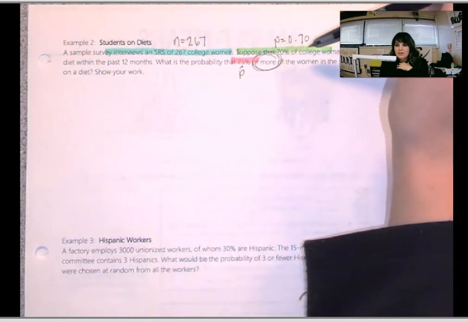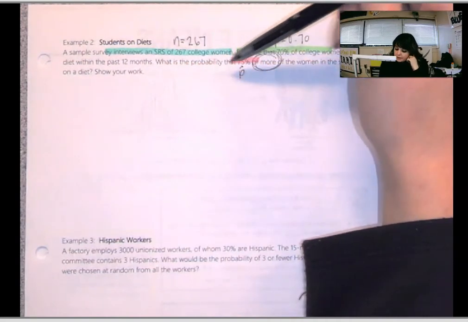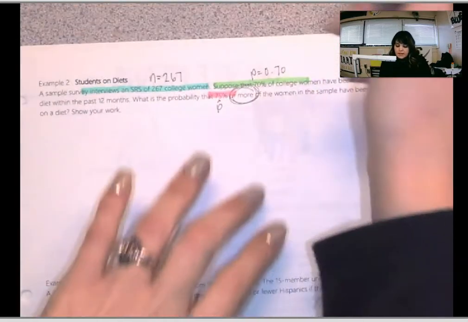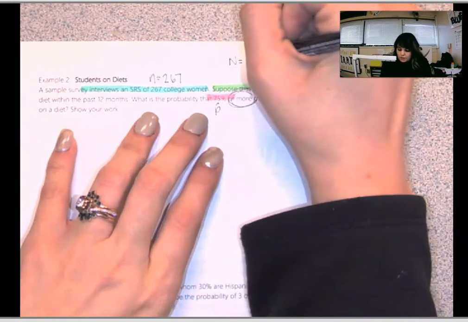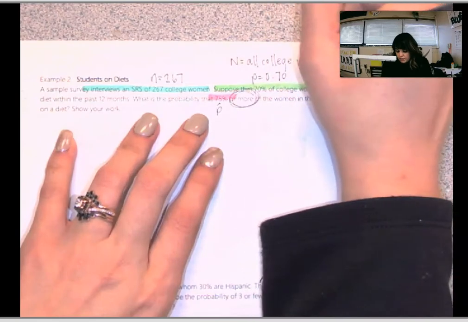What they mean is 70% of all college women. And p hat, this is the sample they want you to investigate. They're saying what is. So whatever comes after the what is, that's going to be your p hat. N in this case, I'm just going to make a note up here, is all college women.